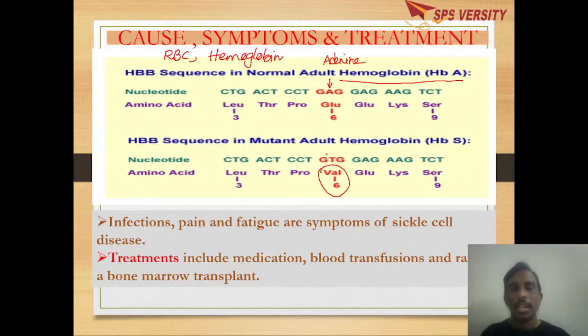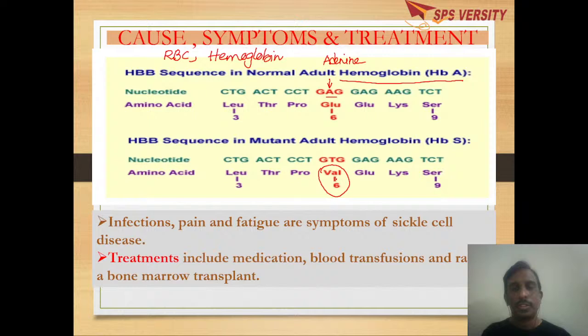That means in the hemoglobin protein chain, a change is caused in the sequence of amino acids, that is, in the place of glutamic acid, valine has come. The reason for this is the change in one single base pair, adenine replaced by thymine.